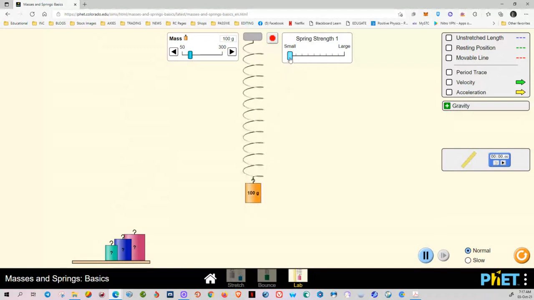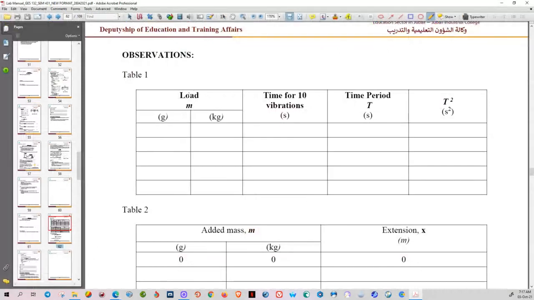If the vibration is faster, it's more difficult to count the number of vibrations accurately. If we look at the table, we have to add load, that's masses, to our spring. This causes the spring to extend.